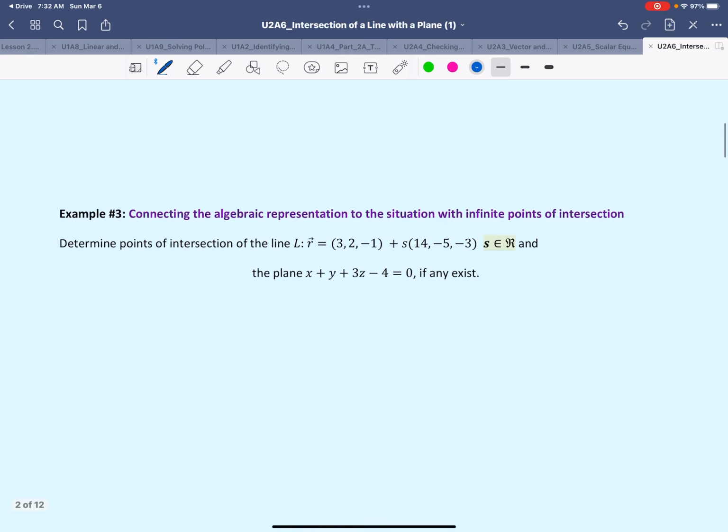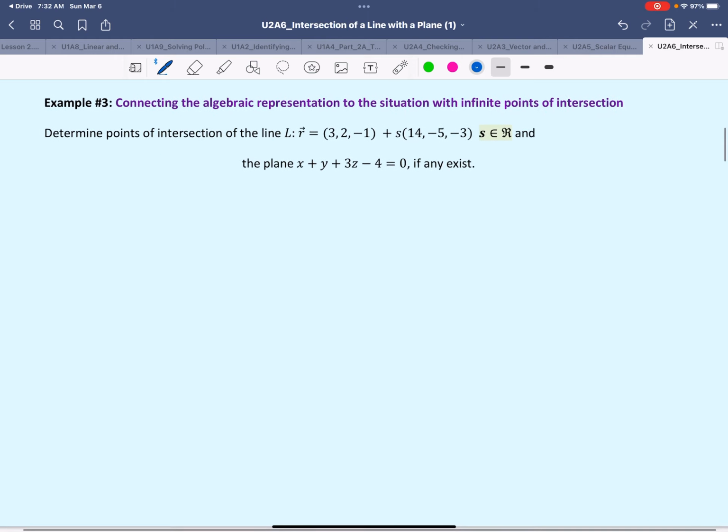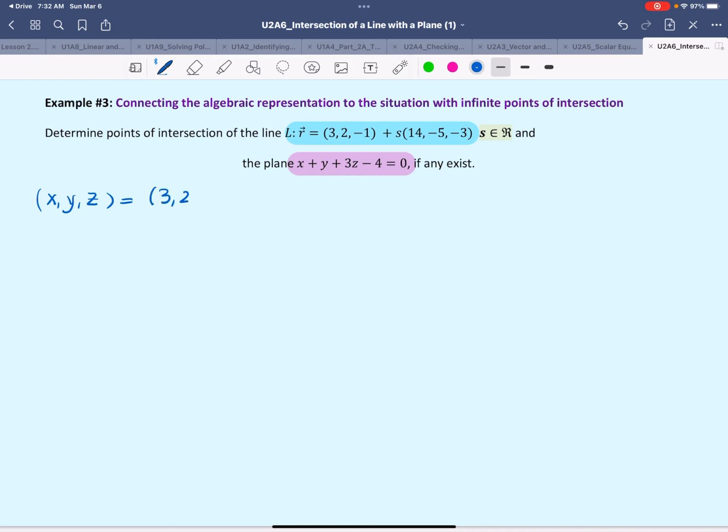So moving on to example 3. This time we have the equation of a line given in vector form and the equation of the plane in scalar form. So we'll derive the parametric equations for the line r. Remember that we have (x, y, z) equals (3, 2, -1) plus s(14, -5, -3).